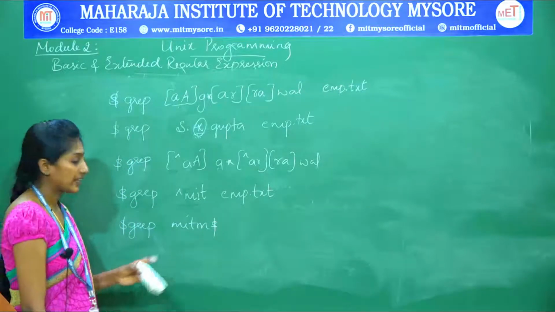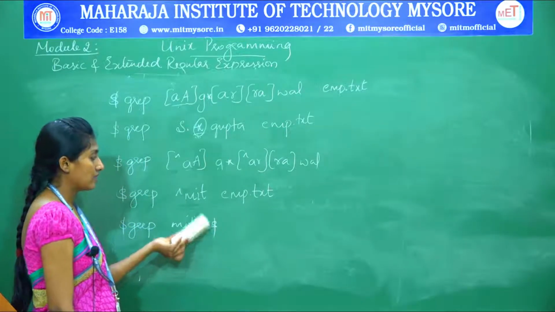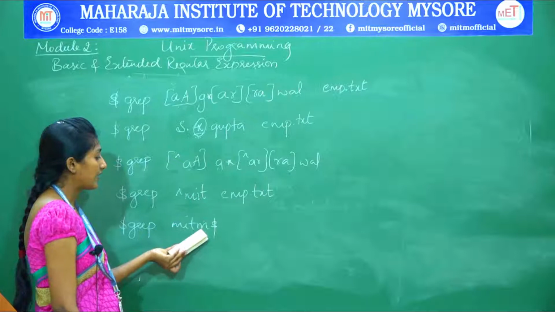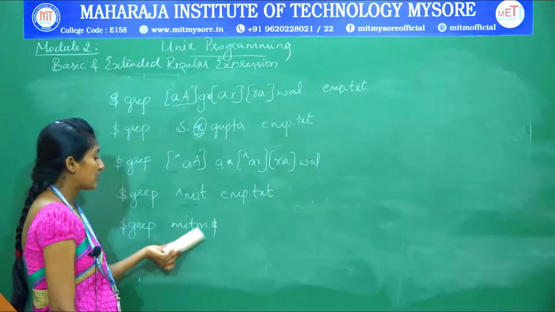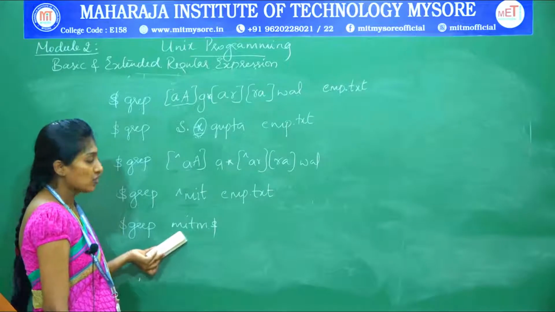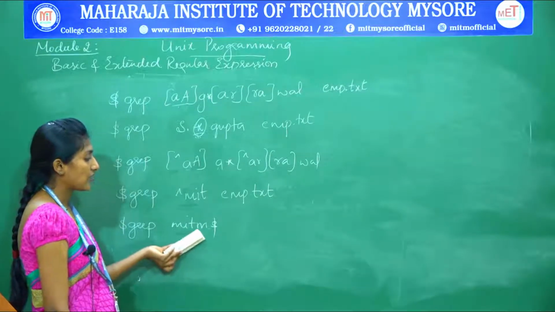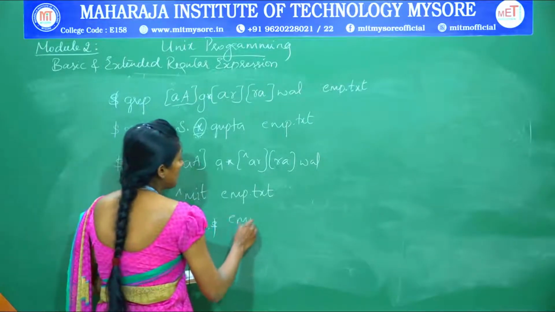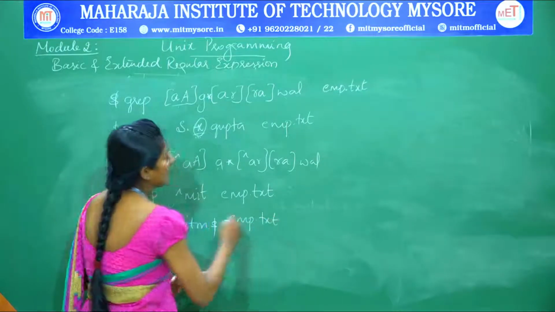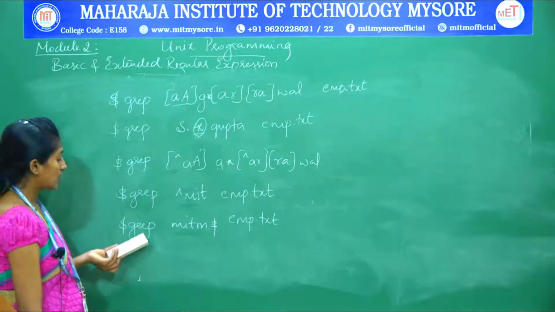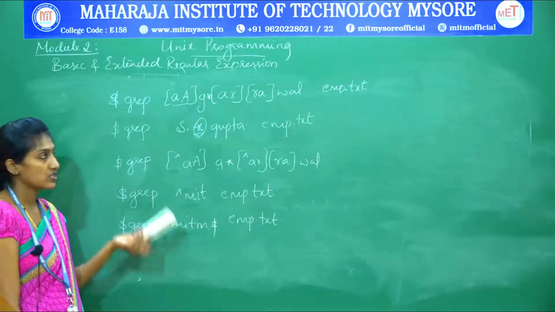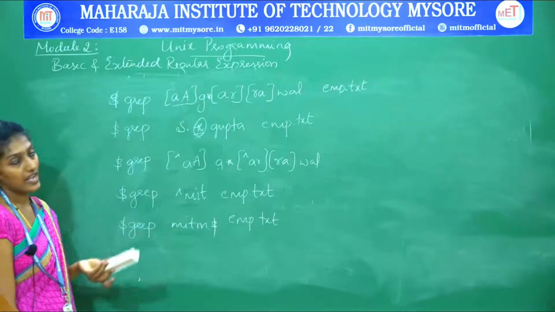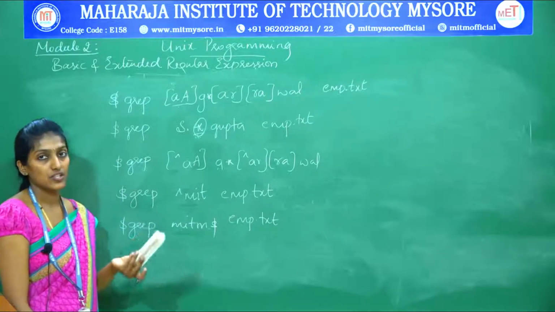So if the ending character is MITM, here it was just MIT, here the ending character should be MITM, or it should end with these 4 letters. So if it has ended with these 4 letters from the file emp.txt, that will be listed out. So that is what the grep command does here. So these are the different expressions which have been used with the BRE set, that is basic regular expression set.